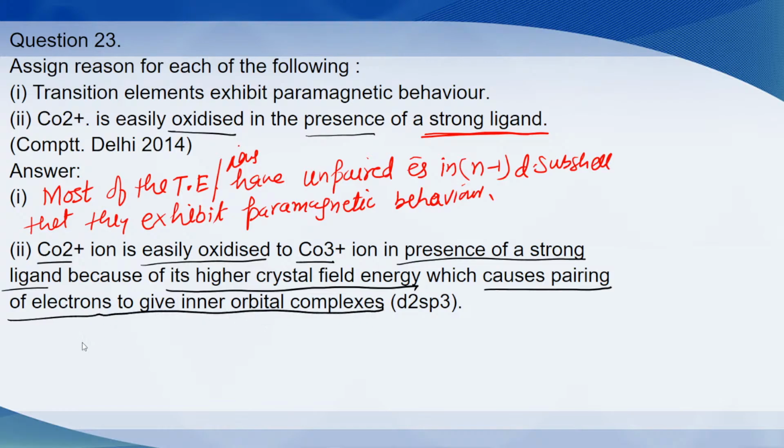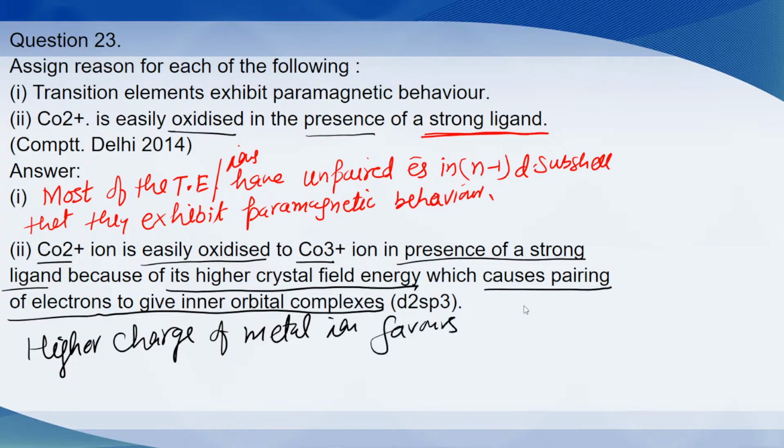So see, pairing of electrons takes place, and therefore it gives an inner orbital complex, because the higher charge of the metal favors a higher value of delta O, which is called the splitting energy.